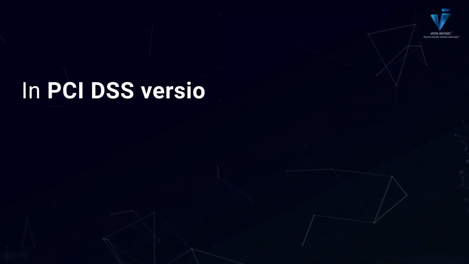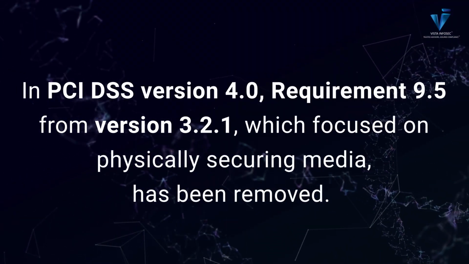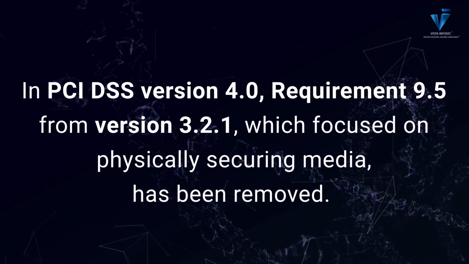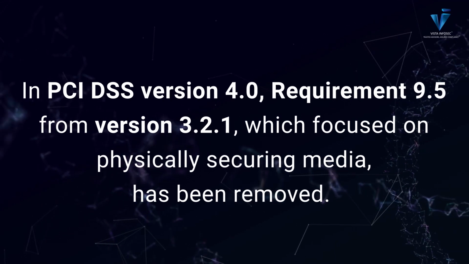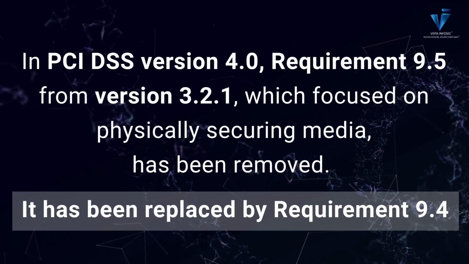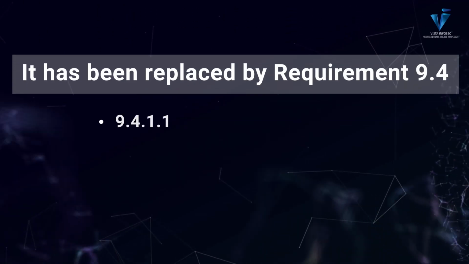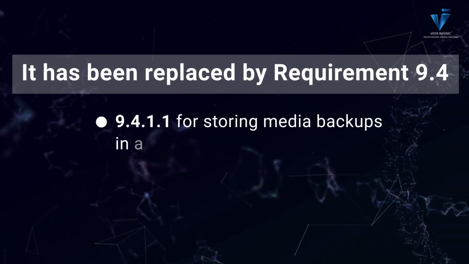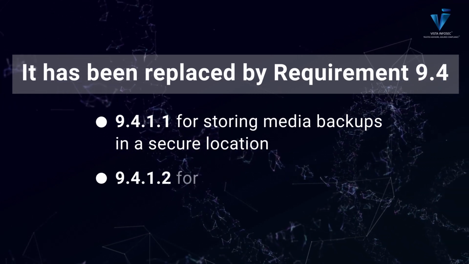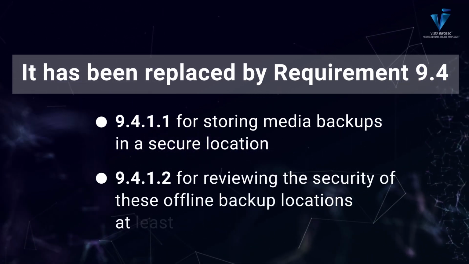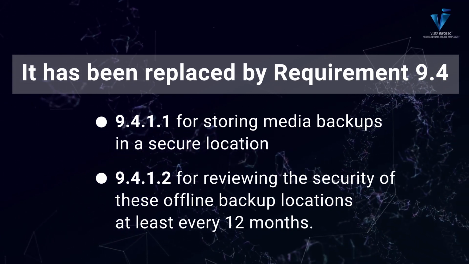But we see that in the latest version, version 4, this requirement, which focused on physically securing media, has been removed. And now this is replaced by requirement 9.4, which now includes two new sub-requirements: 9.4.1.1 for storing media backups in a secure location, and 9.4.1.2 for reviewing the security of these offline backup locations at least once every 12 months.